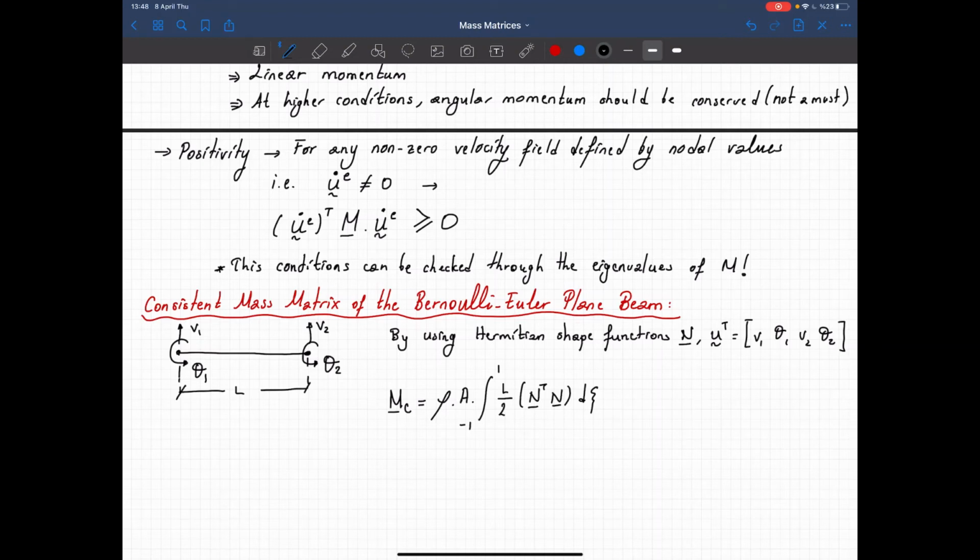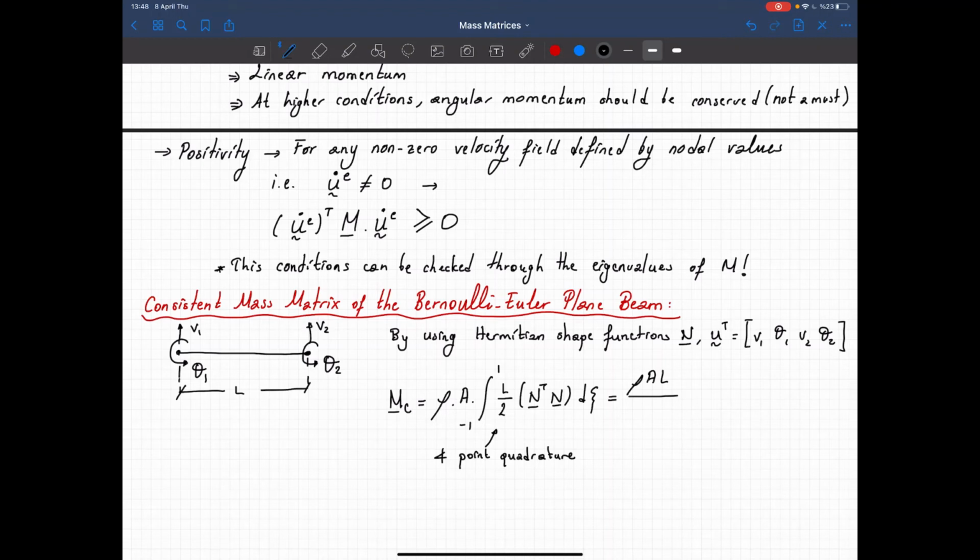Now the degree of the quadrature rule, if you are doing a numerical integration, is important here. So in order to obtain the exact solution, you need 4-point quadrature for this. And when you evaluate that with the 4-point quadrature, you obtain rho times A times L.